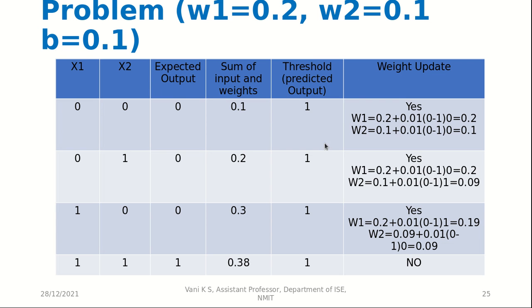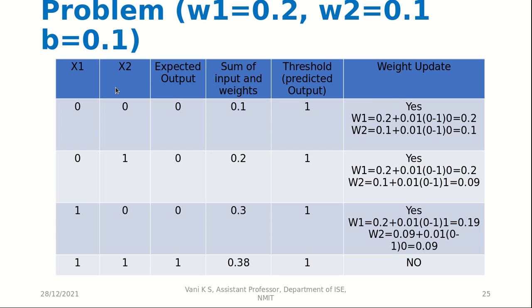Now here, since the output is not matching the expected output, we do the weight update. How do we do the weight update? We do w1 is equal to w1 plus delta w1. What is delta w1? Again, the learning rate, which is 0.01 here, into target output, which is 0, minus actual output, which is 1, into the corresponding input.